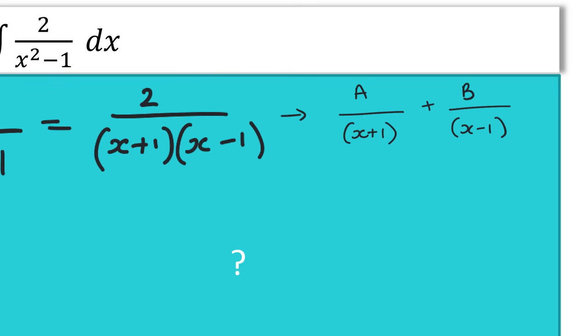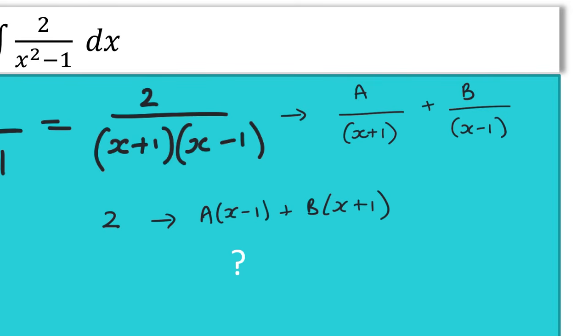Okay, so everyone's happy. We're then going to have 2 is equivalent to A lots of x minus 1 plus B lots of x plus 1, okay? If you're not sure how I got to this stage, you need to go back. Now, what do we do? Let's say you're going to use substitution, so you're going to let x equal 1.